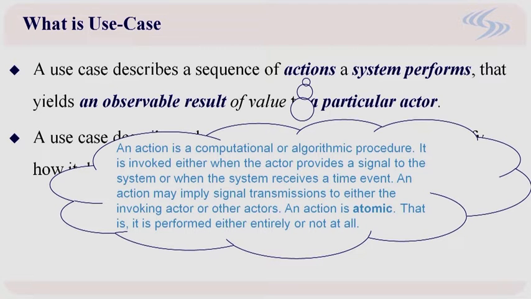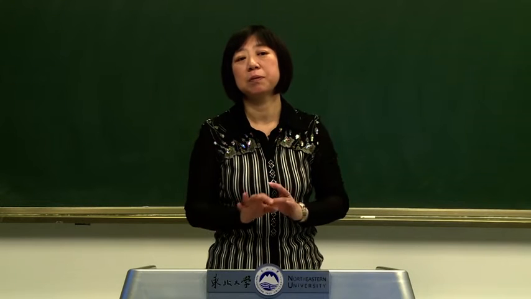An action may imply signal transmission to either the invoking actor or other actors. An action is atomic. That is, it is performed either entirely or not at all. So that means it cannot be split anymore.